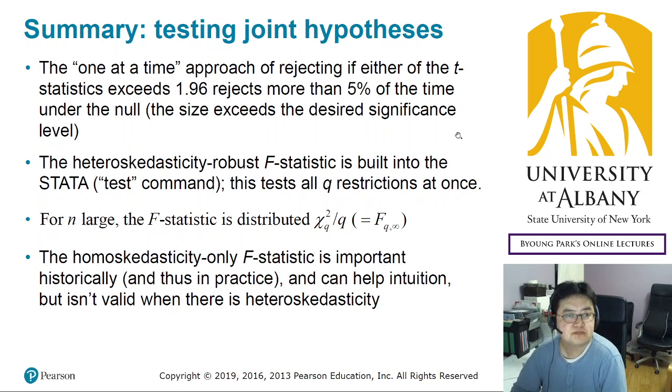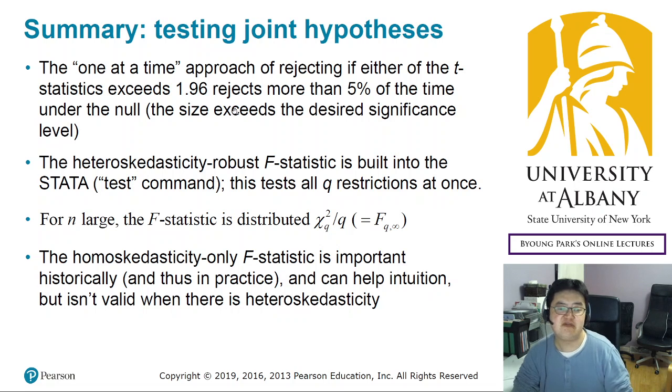Here is a summary of the whole thing we studied so far. We started from a single hypothesis and extended that to a joint hypothesis. We may think about a one-at-a-time approach, but that distorts the error probability.